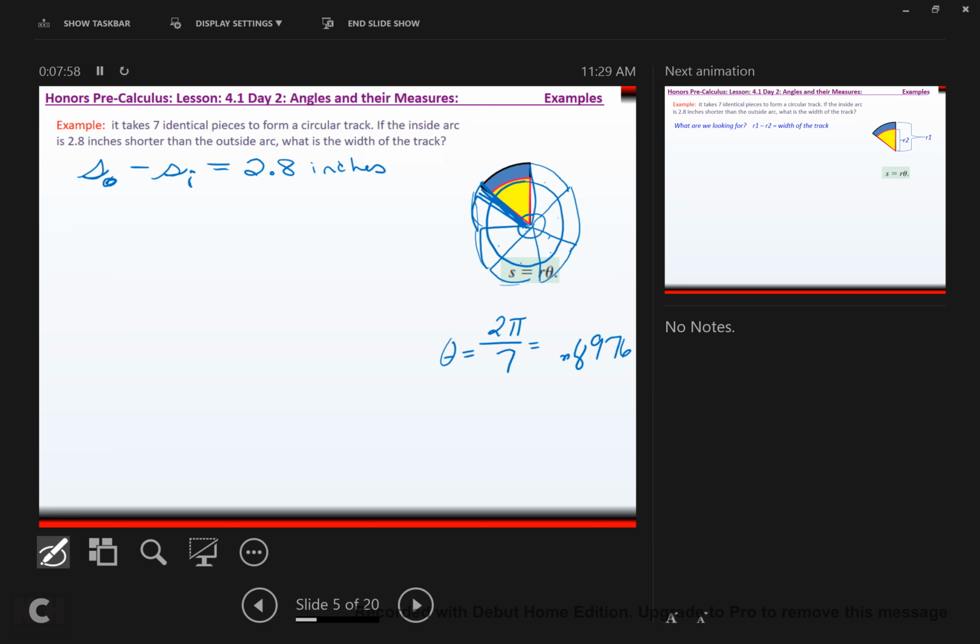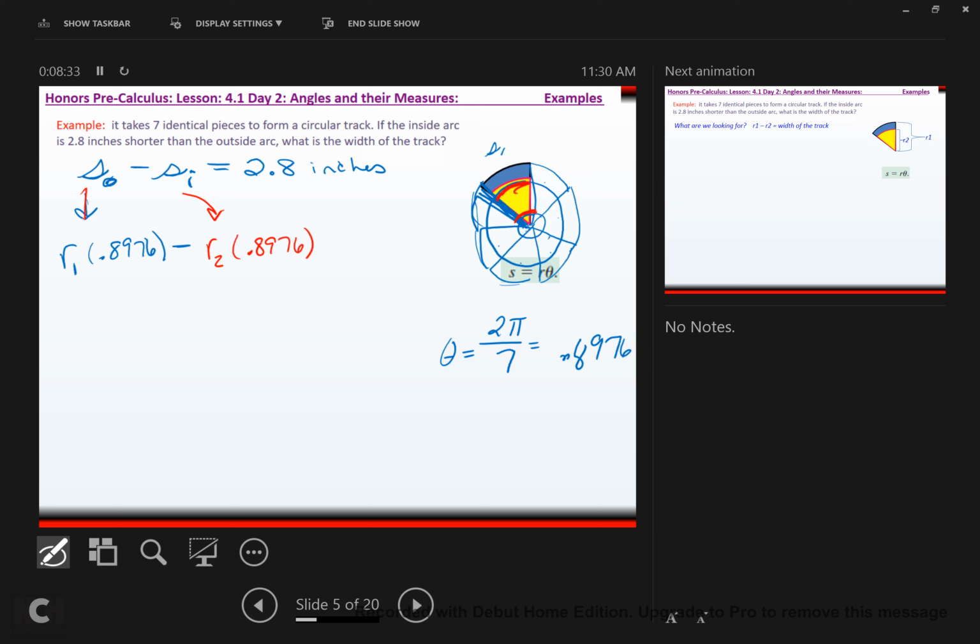Now, to get this outer arc length, it will be its radius, which I don't know, let's call that radius 1, times theta, which is 0.8976, minus the arc length of the inner circle, which will be its radius, let's call it radius 2, times its theta, which is the same theta, 0.8976.